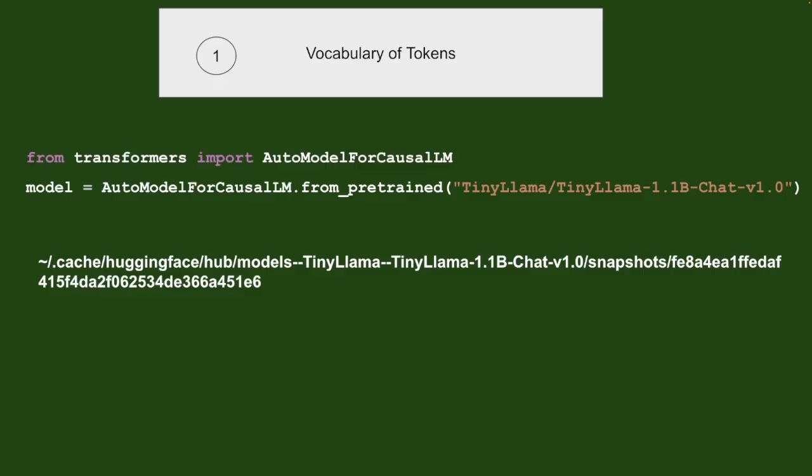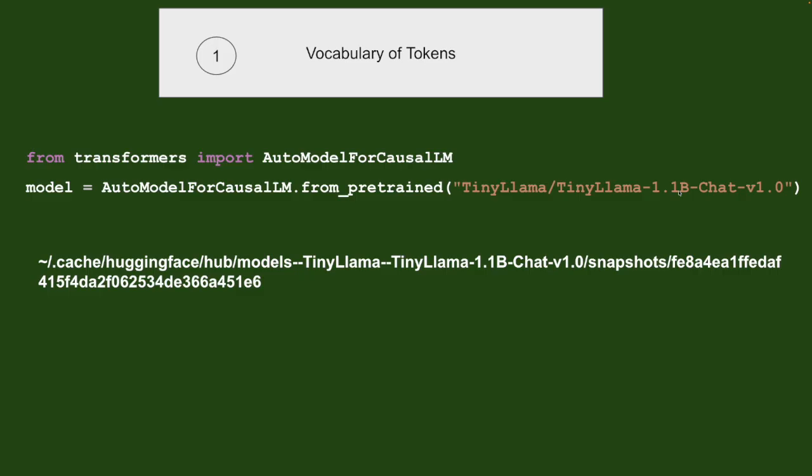To try out a pre-trained model, these two lines of code are more than enough, and this is downloading from Hugging Face. From transformers, import AutoModelForCausalLM, and then this particular line of code is going to load TinyLlama, which has 1.1 billion parameters, pretty small.